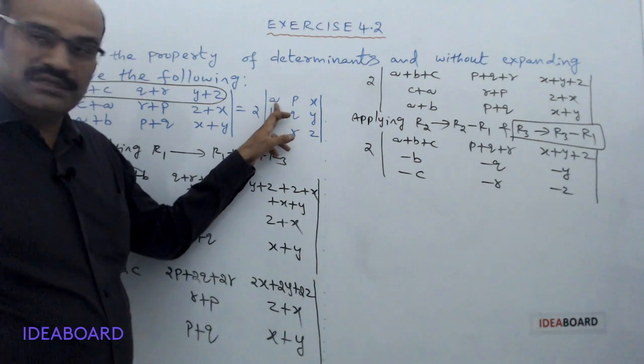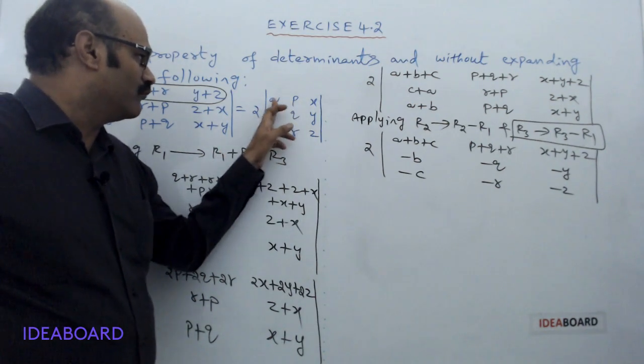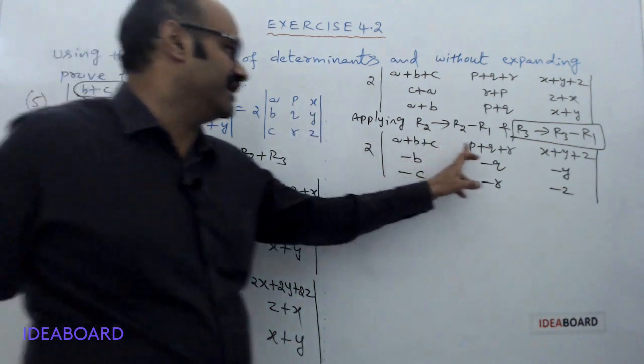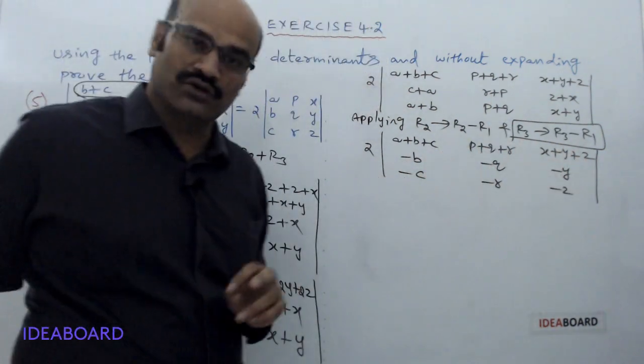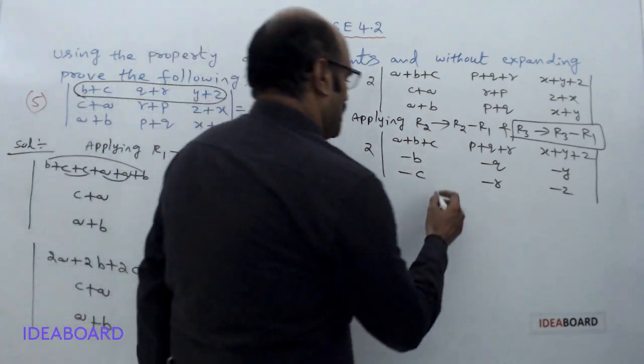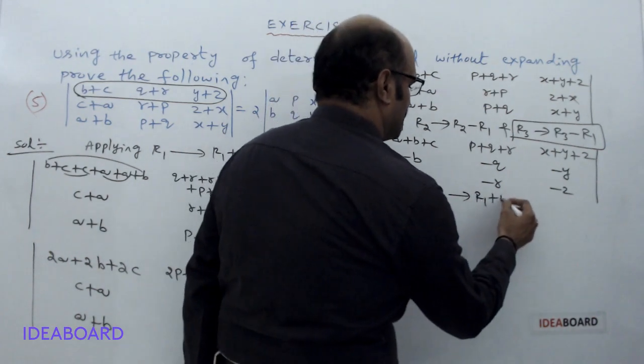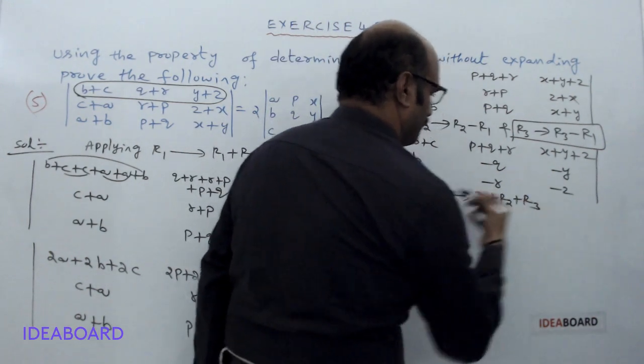Now here in RHS we have to get in R1 only one element, but it is the sum of 3 elements. So what we have to do is here we take it as R1 changes to R1 plus R2 plus R3.